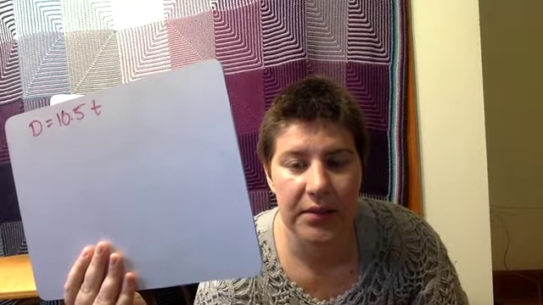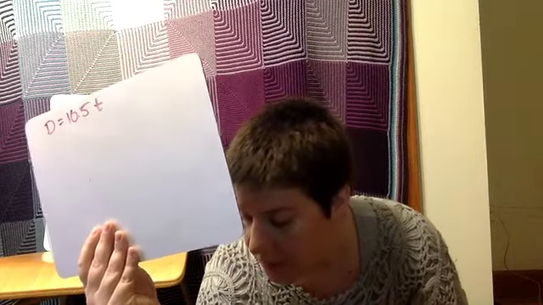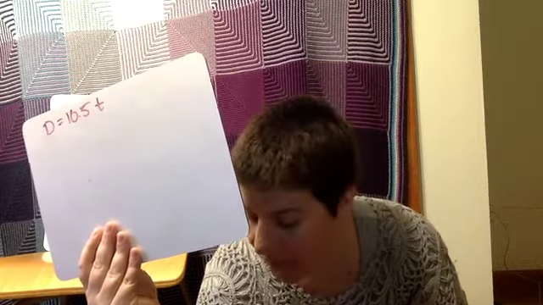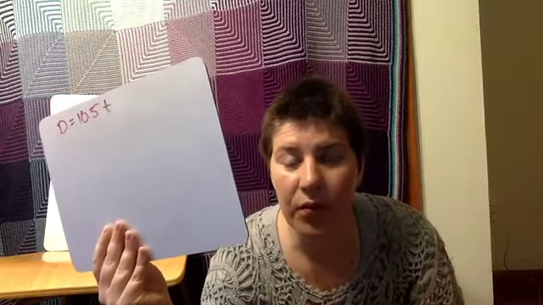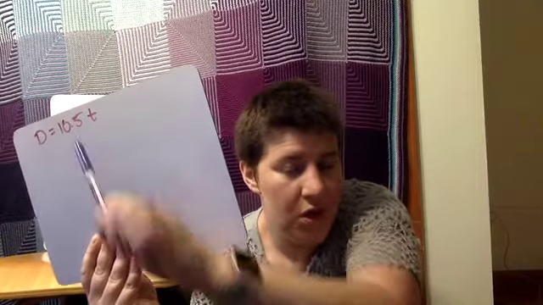So distance equals 10.5 t would be the equation that we're looking for in number 4. And again, your equation will be different because instead of 10.5, you would have your own rate.